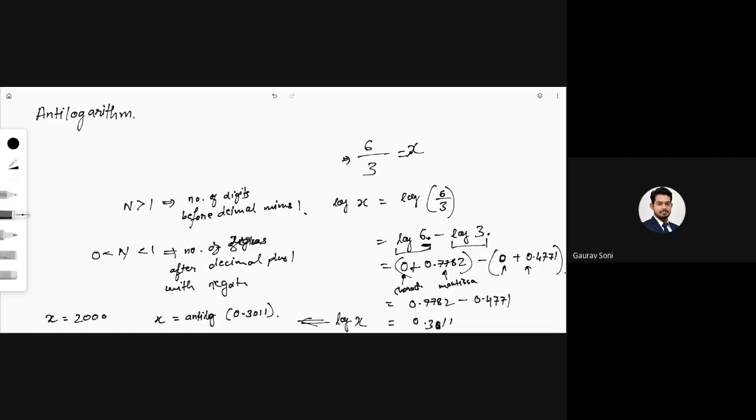Now, we have one thing to decide, that is where to put the decimal point. This characteristic that you have decides the position of the decimal point. Whatever your characteristic is, that is going to define the position of the decimal point.